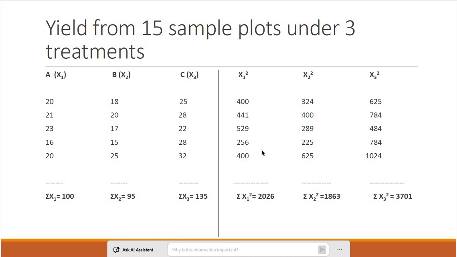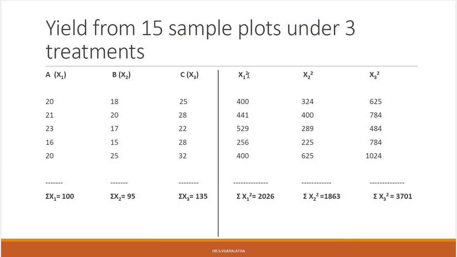This is a shortcut method for one-way ANOVA. Next one is we have to find out sigma x1 square. That means we have to square each item under x1 and then find out the sum. So 20 square is 400, 21 square 441, 23 square is 529, 16 square is 256 and 20 square is 400.